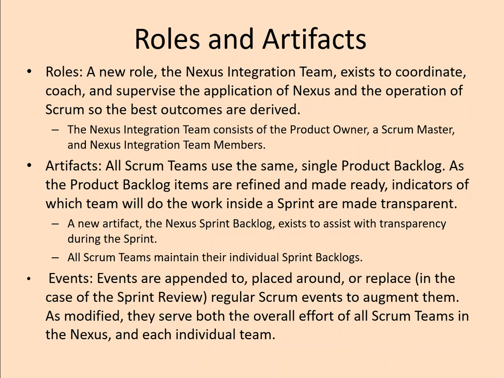All Scrum teams use the same single product backlog, and the product backlog items are refined and made ready. The indicators of which team will do the work inside a sprint are made transparent. A new artifact, the Nexus sprint backlog, exists to assist with transparency during the sprint. All Scrum teams maintain their individual sprint backlogs.